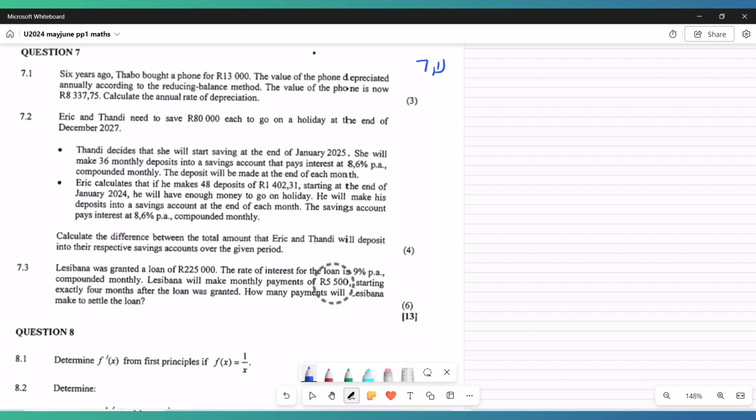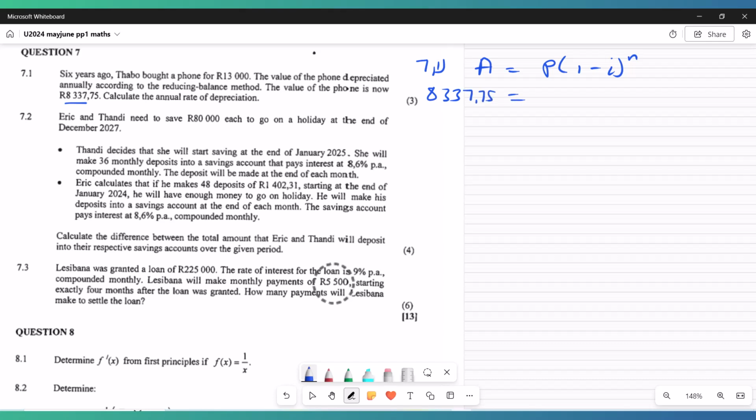What does the formula say? That our amount A equals P into 1 minus i, the power n, since we're using reducing balance. Now this A is the final amount, which is going to be 833,7,75.